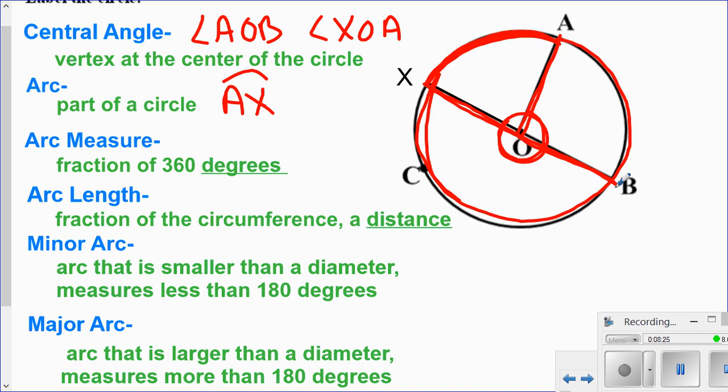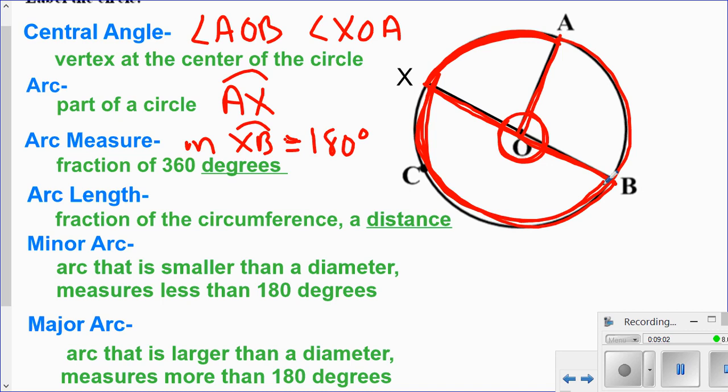Okay, so if the diameter is XB, we know that the measure of arc XB would be 180 degrees because segment XB is a diameter. So the measure of arc XB, the measure from here all the way over in degrees, is 180 degrees.